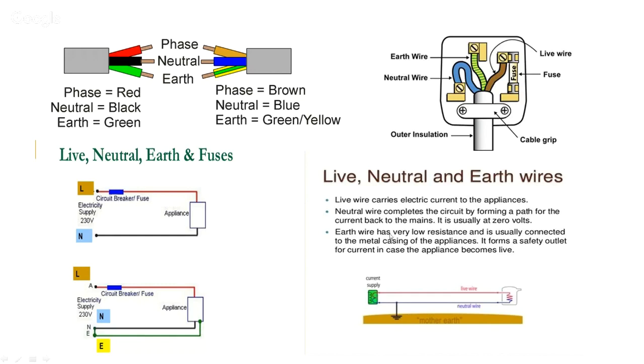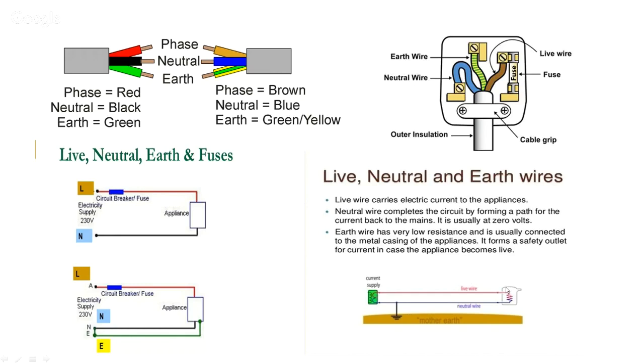Earth wire has very low resistance and is usually connected to the metal casing of the appliances. It forms a safety outlet for the current in case the appliance becomes live.